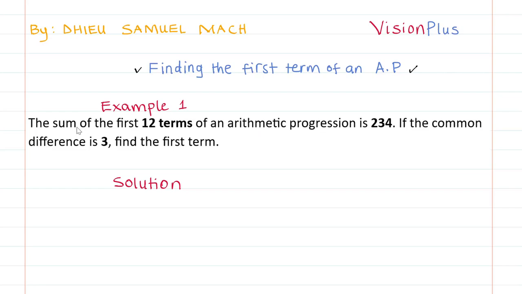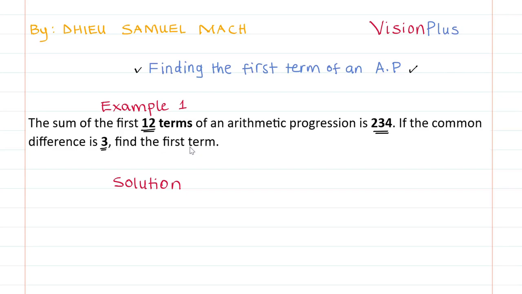So example 1 is: the sum of the first 12 terms of an AP is 234. If the common difference is 3, find the first term.